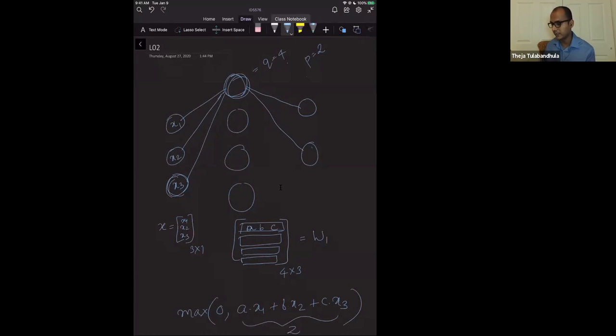Okay, so these edges represent that x1, x2, and x3 are inputs to this node. The edges themselves have parameters a, b, and c. The computation happening is element-wise multiplication between the edge weights, which are the rows of this W1 matrix, times x1, x2, x3, and then sum them up.